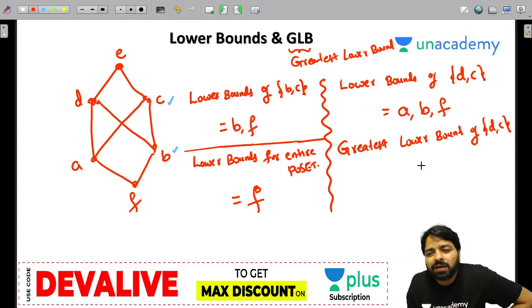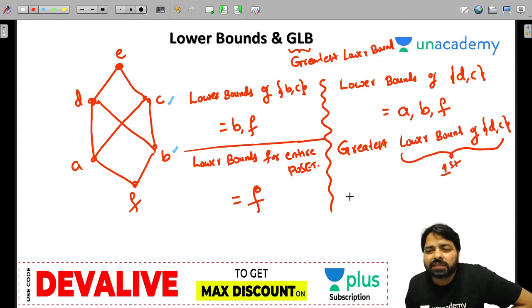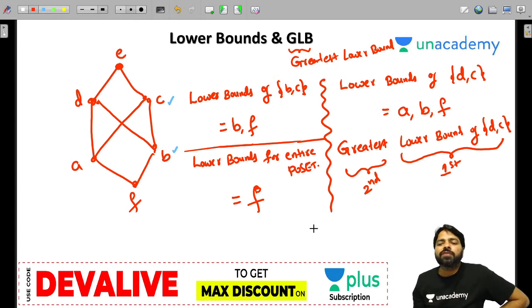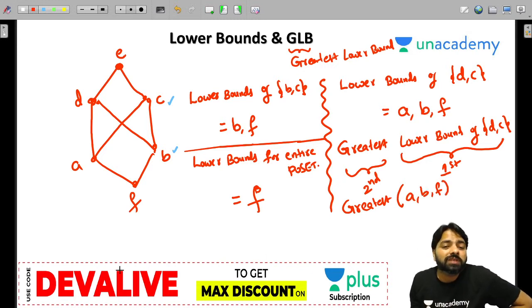How do you apply? You first find lower bound. First you focus on lower bound, then focus on second greatest. So if you find lower bound, you already know the answer. We did that. Greatest of A comma B comma F. But out of these three, no greatest. You don't have any greatest.